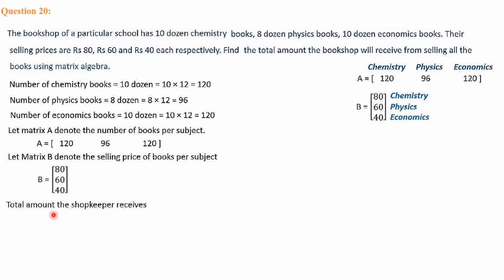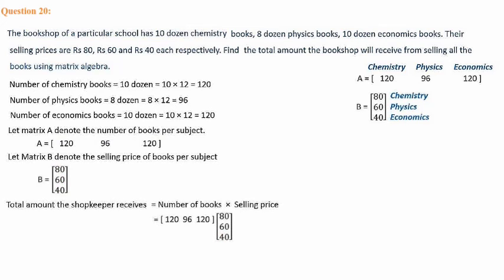The total amount the shopkeeper receives is the number of books into the selling price. One book's amount into the total number of books gives the total amount. The number of books is 120, 96, 120 in row matrix format, and the selling price is 80, 60, 40 in column matrix format, just to multiply.